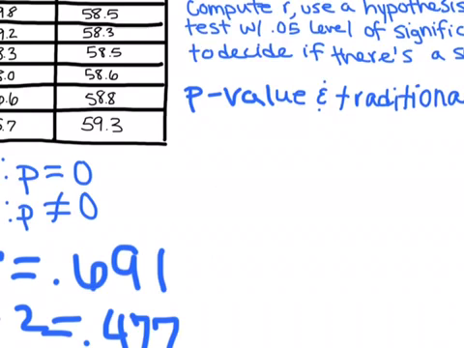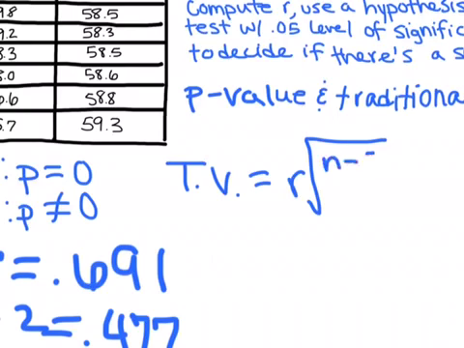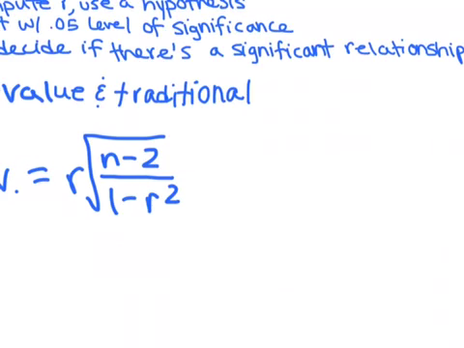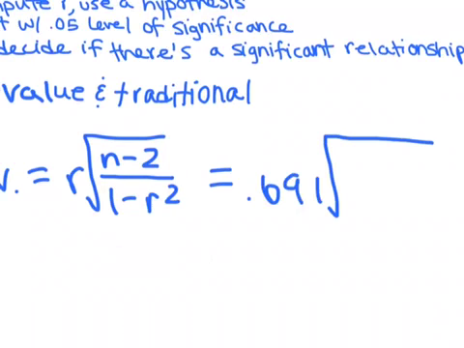The test value equation is R times the square root of n minus 2, divided by 1 minus R squared. So you plug in R, which is 0.691, and your n is the total number of percentages, which is 8, so 8 minus 2 is 6.